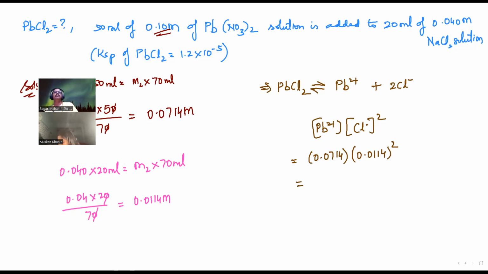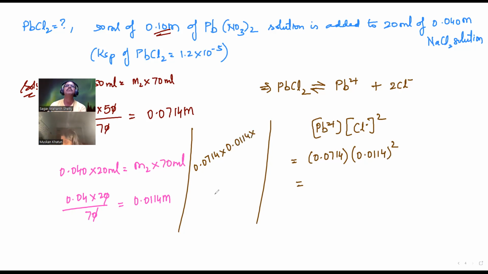What would you do in the calculator here? I'll just write it: 0.0714 times 0.0114 times 0.0114. Just let me know the value that you get for this.